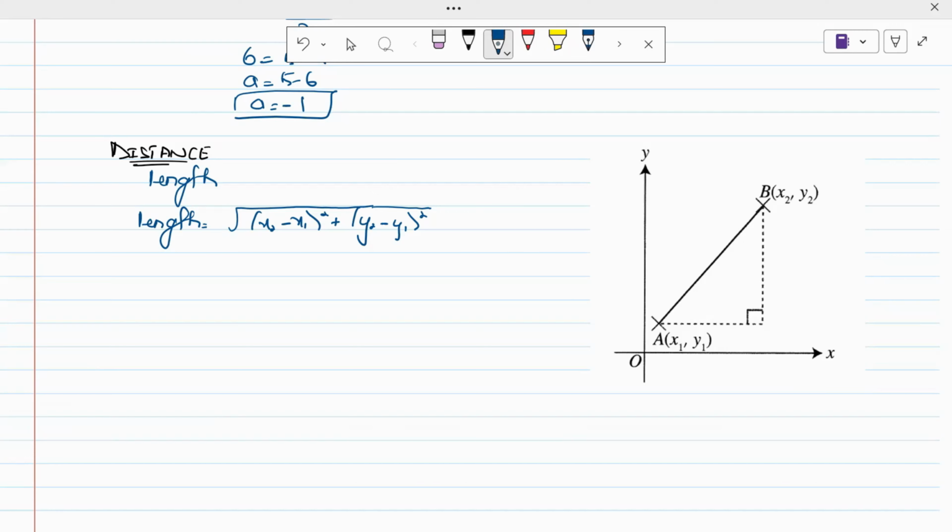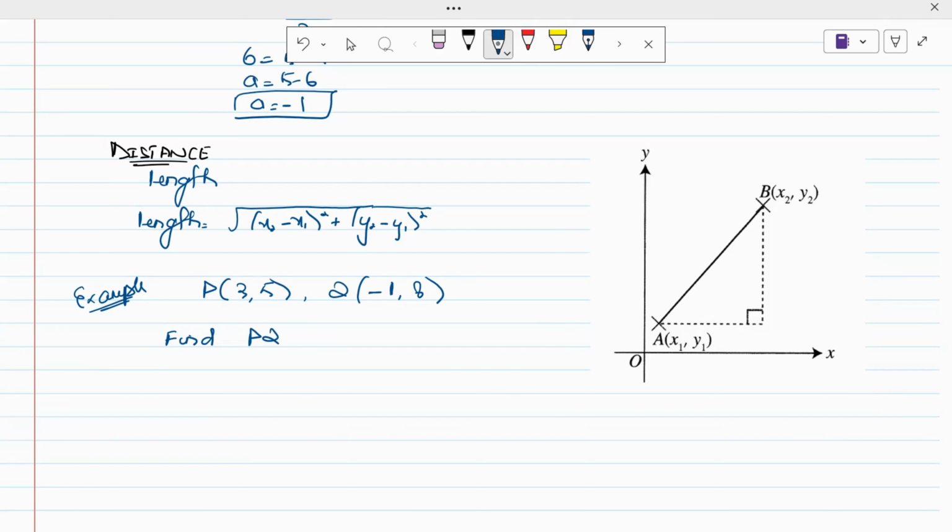Let's pick up an example here. Let's suppose we have the 2 points given as P, which is 3, 5, and we have another point Q, which is -1, 8. And the question says, find PQ.